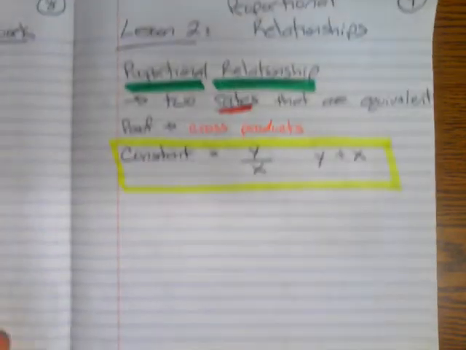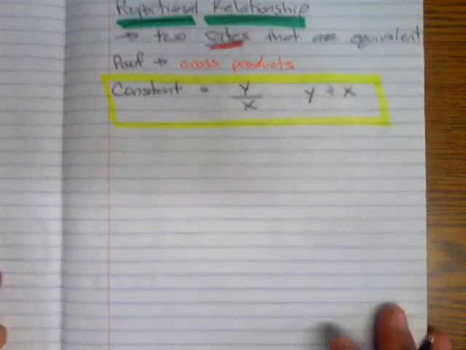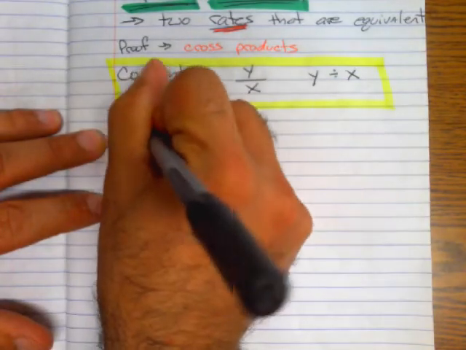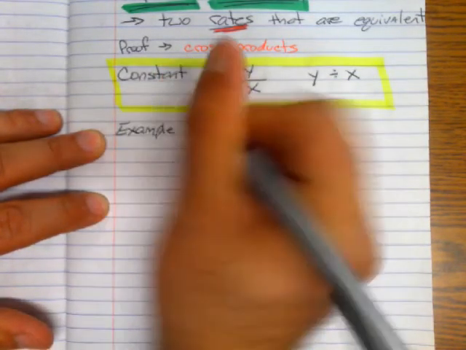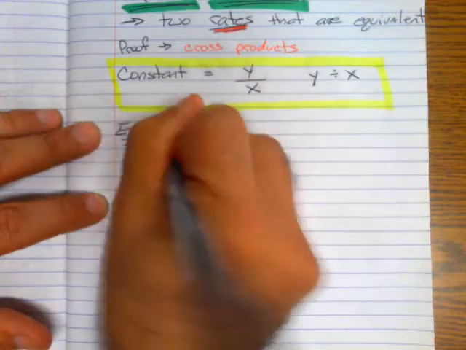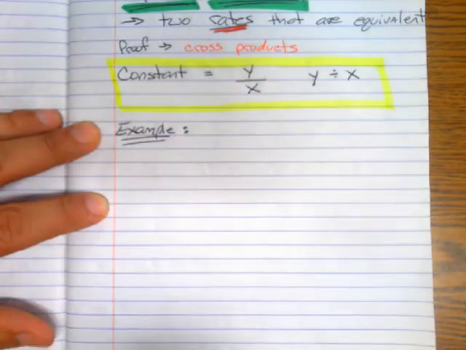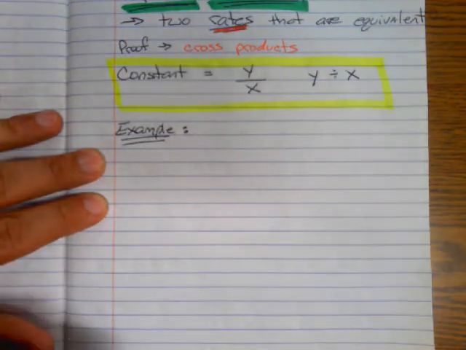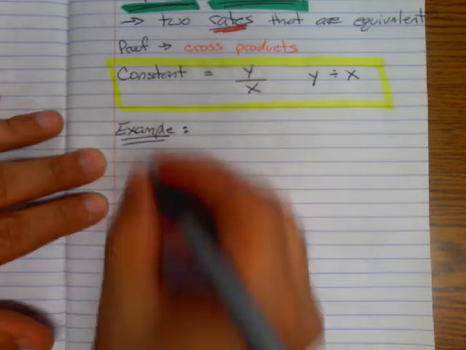All right, so let's do one quick example. Let's talk about speed. Speed is miles per hour, or how many hours it takes you to drive a certain distance.